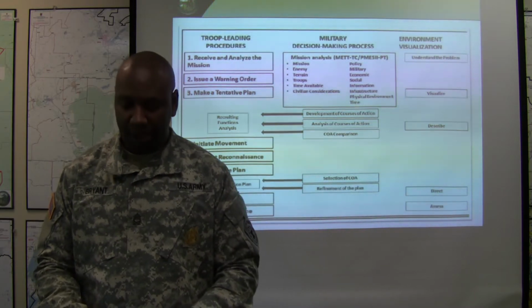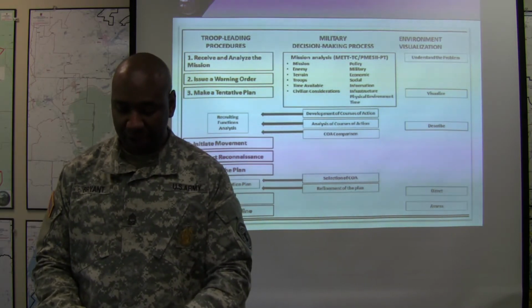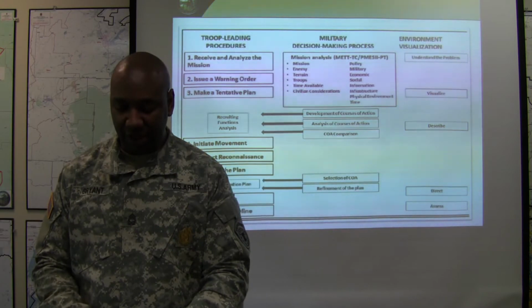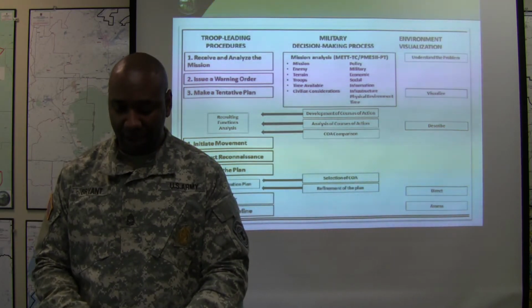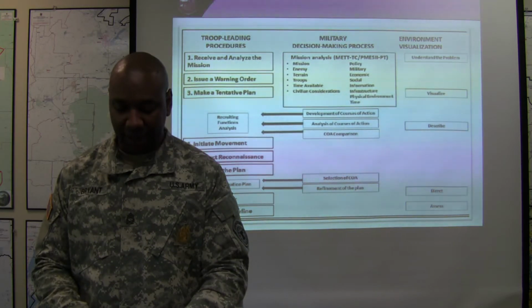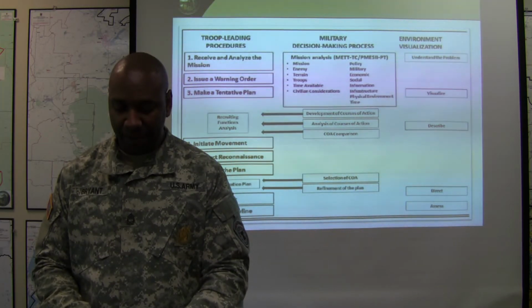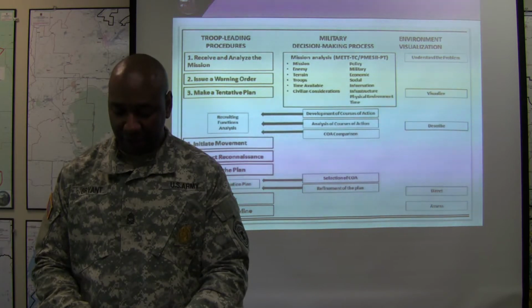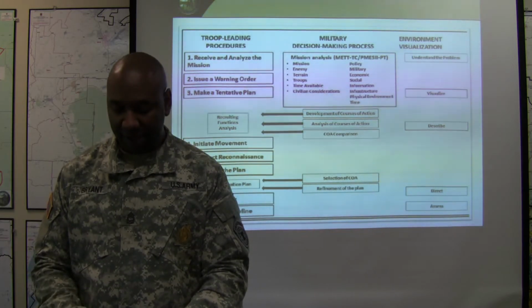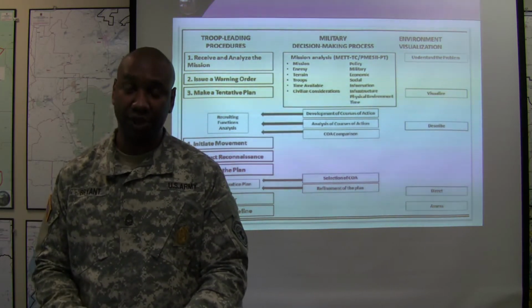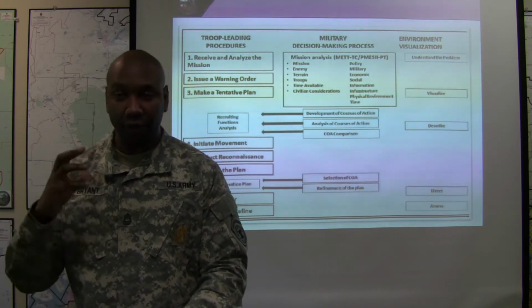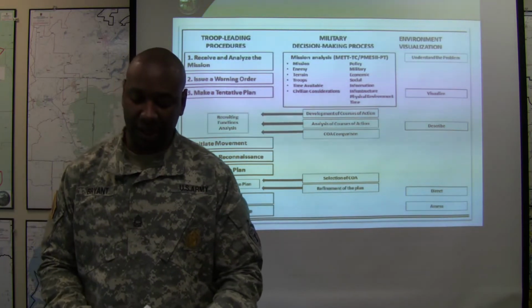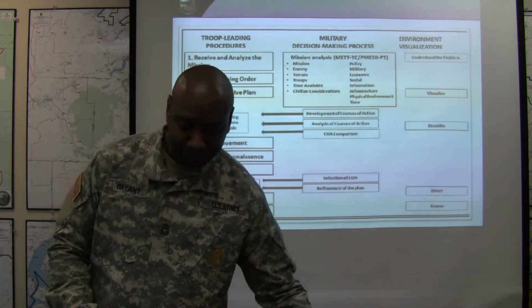Okay, the recruiting operations process occurs at all echelons of command, and the center leader plays a key role in providing bottom-up refinement to inform company and battalion level operations. The center leader will receive the mission from the company commander, apply the recruiting process, and execute troop leading procedures. So that's all just depicted here. Gives you a quick visual representation and kind of gets you on the right track.